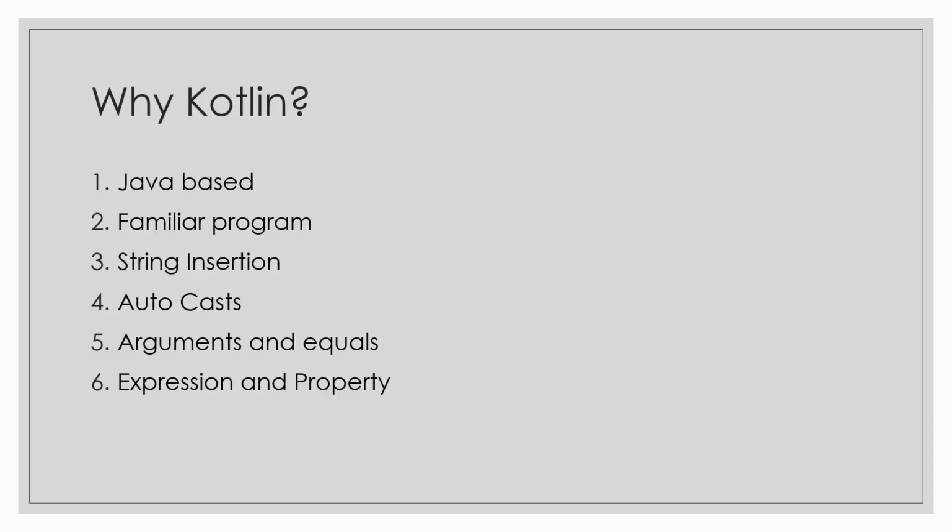So what is familiar programming? The syntax and the basic structure of this programming language are extremely easy and familiar. The reason being Kotlin is a Java-based programming language, and the syntax makes use of the OOP domain, the object-oriented programming domain. These are the most familiar syntax and language of coding.